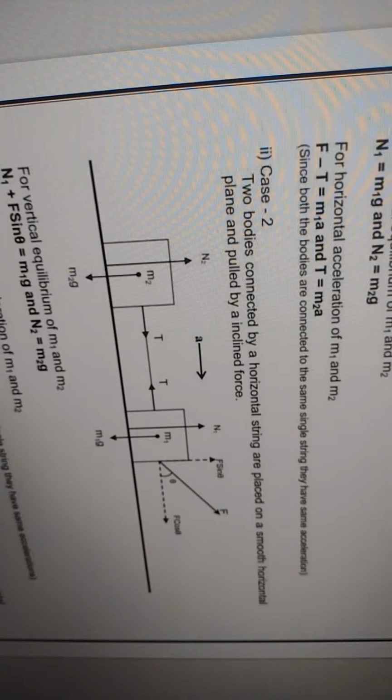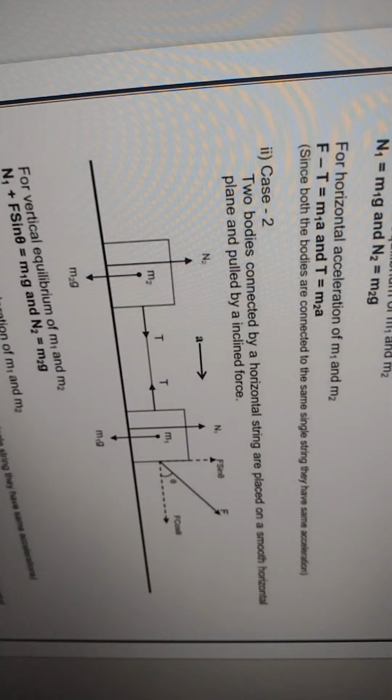Case 2 is when two bodies connected by a horizontal string are placed on a smooth horizontal plane and pulled by an inclined force.